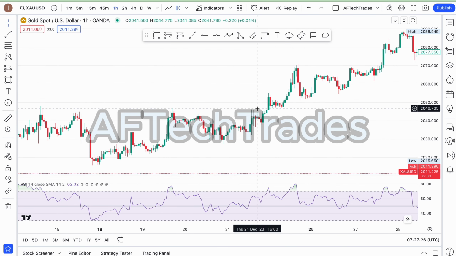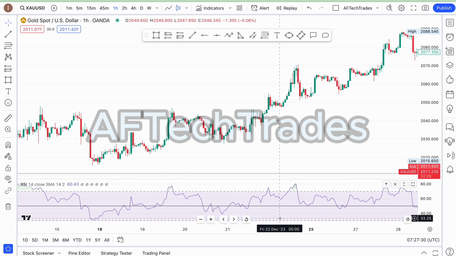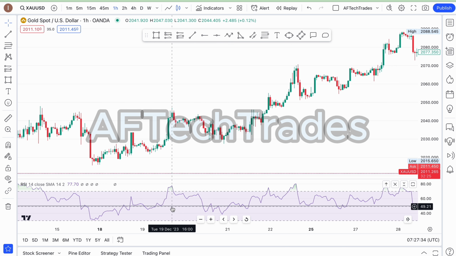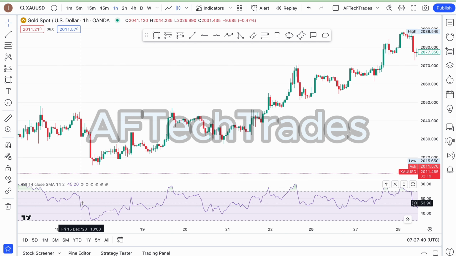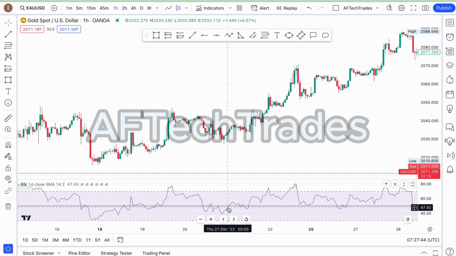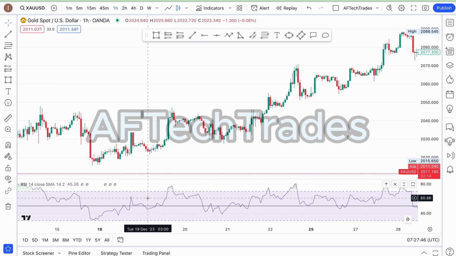So after editing your setting, how do you know that a market is ranging using your RSI? How to know that a market is ranging using your RSI is when the MA ranges just around the 50 line. Remember, we did our editing where we changed the bands.